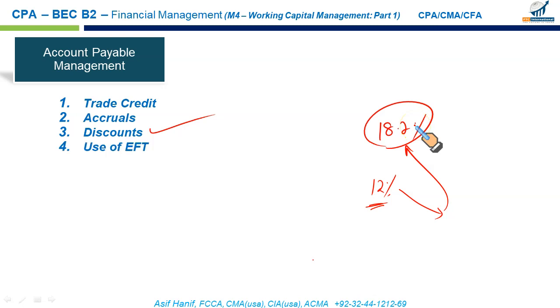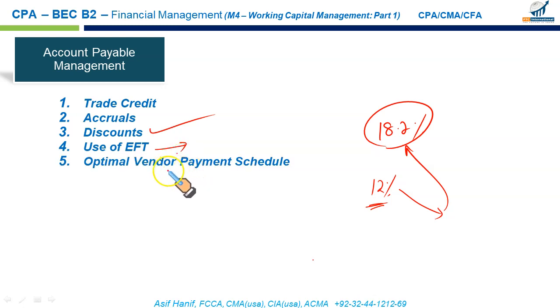So, and next, use of EFT. You want to have a good relationship with your vendors, so pay them on time. Use electronic fund transfer, which means the payments are made on time, so your vendor maintains a good relationship with you and you will continue availing credit from your vendor. So optimal vendor payment schedule means you need to find an optimal balance.